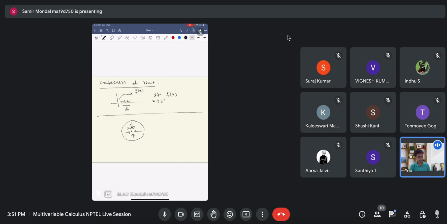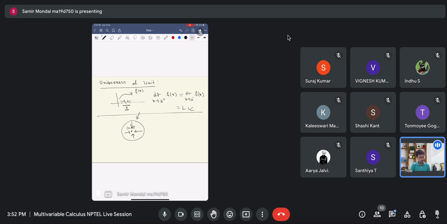f of x, if this one exists, and if your left limit also exists and both are equal, then the limit exists and the limit is equal to L. So there were only two directions approaching A. The same concept must be satisfied by your two variable function also.